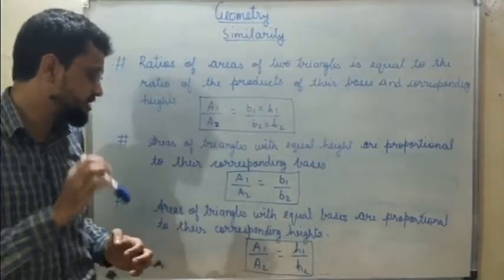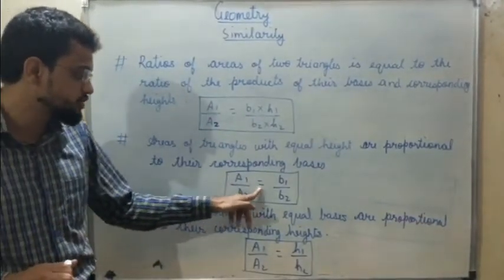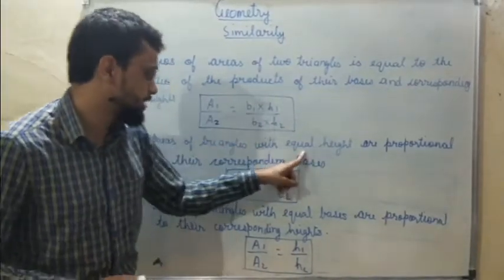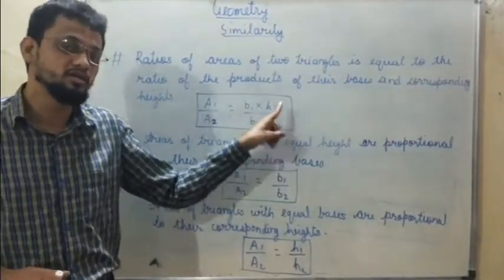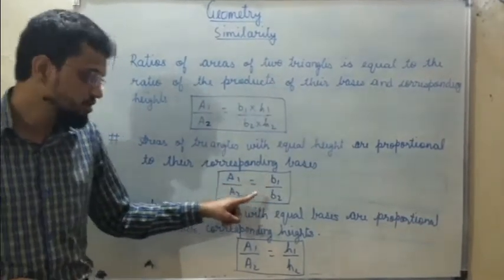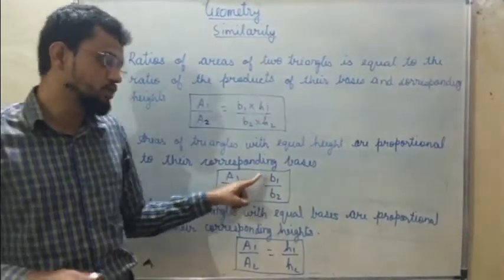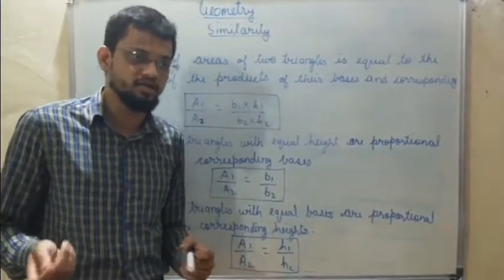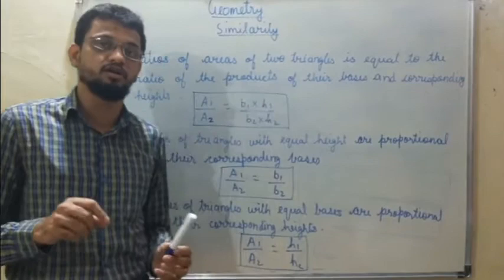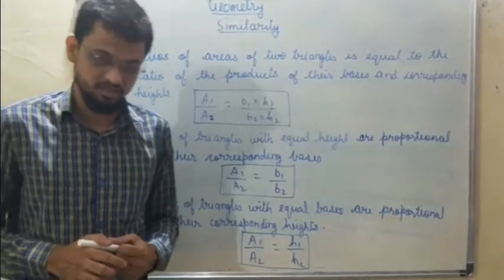To write it in formula form, A1 upon A2 is equal to B1 upon B2. Heights are equal, so H1 and H2 get cancelled and the formula becomes A1 upon A2 is equal to B1 upon B2, where A1 and A2 are areas of first and second triangle respectively, and B1 and B2 are their respective bases.